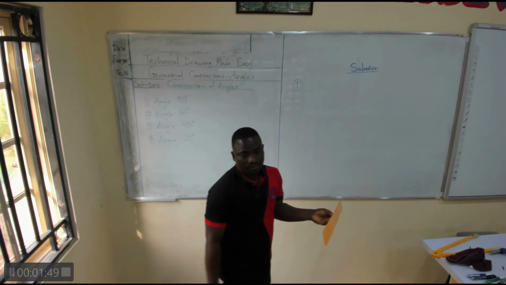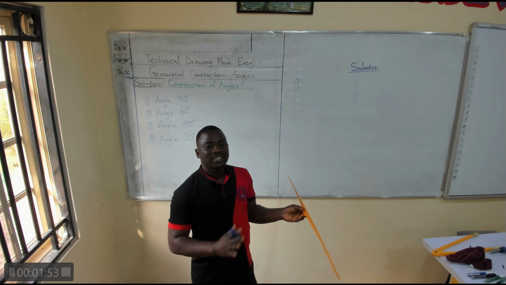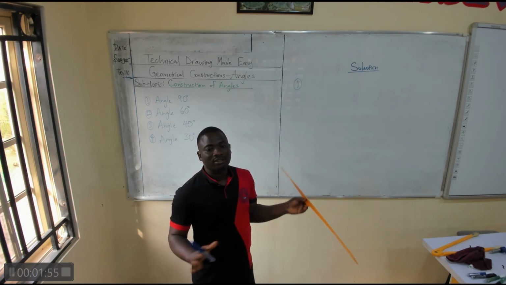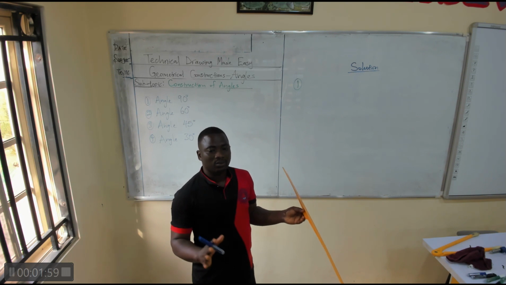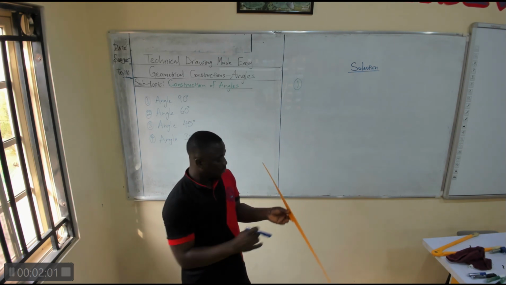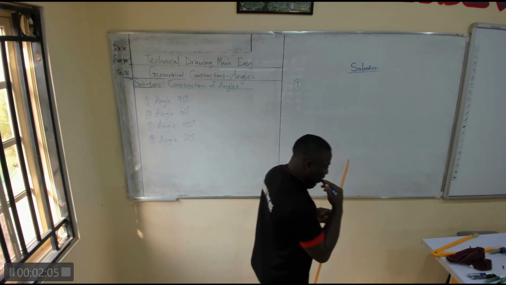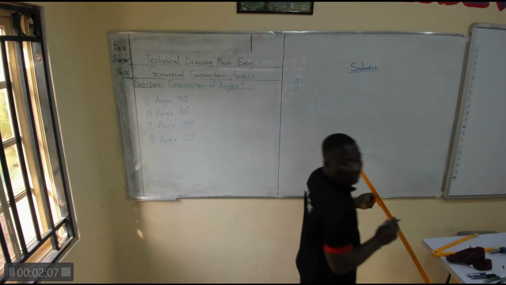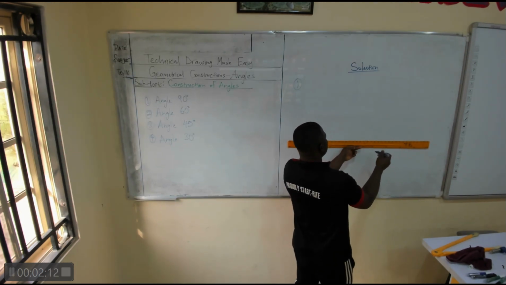The first step is this. You are to draw a horizontal line of any length. When you are constructing an angle, you don't need to bother yourself about length. So the first thing you do is to draw a line.